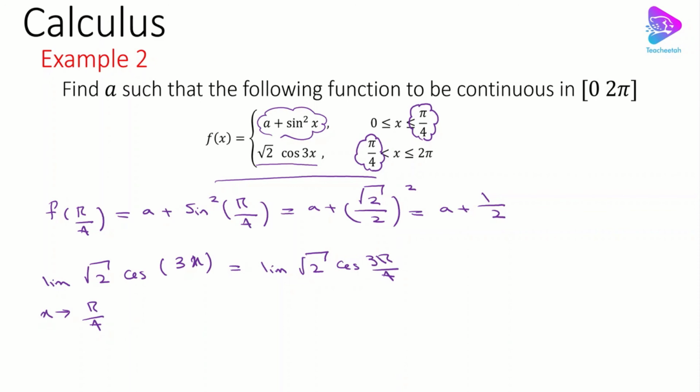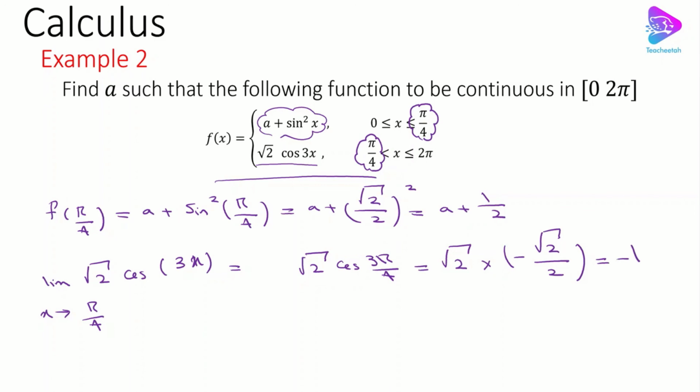Okay, so let's write it in this form: square root of 2 cos 3 pi over 4, and this is going to be square root of 2 times minus square root of 2 over 2, and this is going to make minus 1.